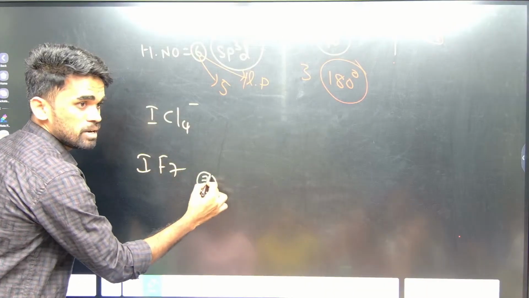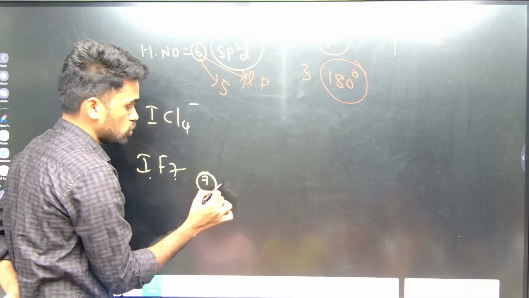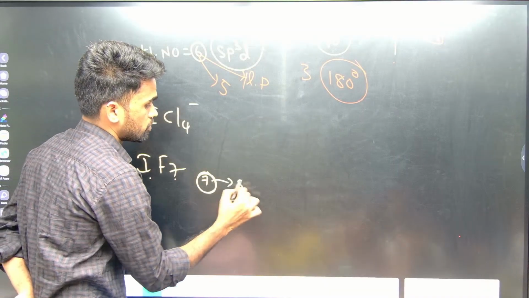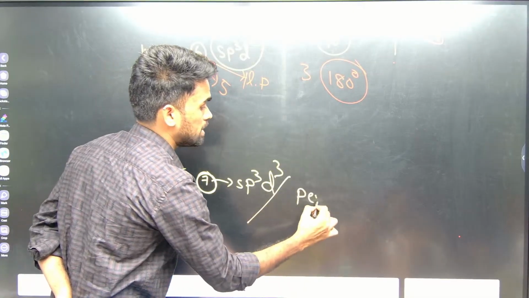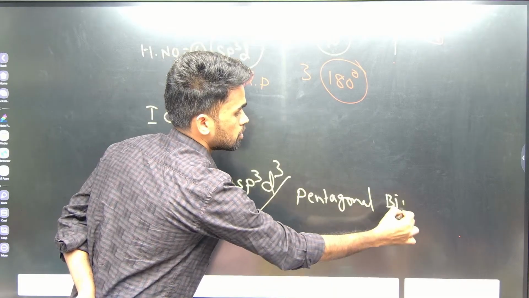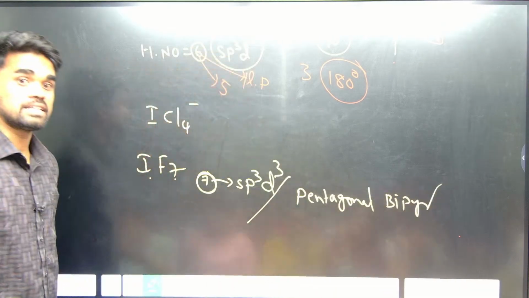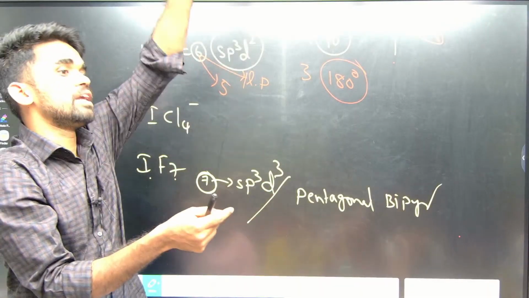7 hybridization number, like 7 plus 7, 14 by 2 is 7. So if it is like this, you should call it sp3d3. So sp3d3 means you should say pentagonal bipyramidal. Like trigonal bipyramidal means 3, like triangle you have taken, you put one above, one below.